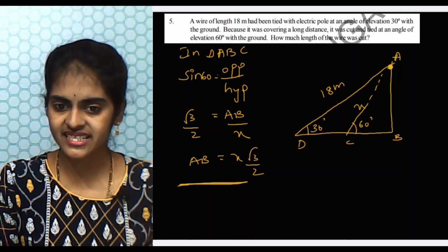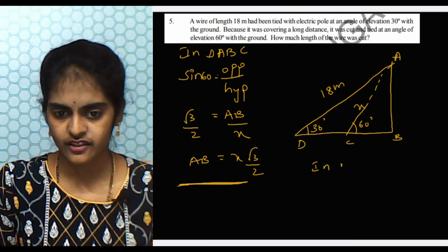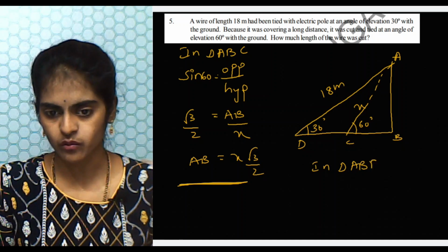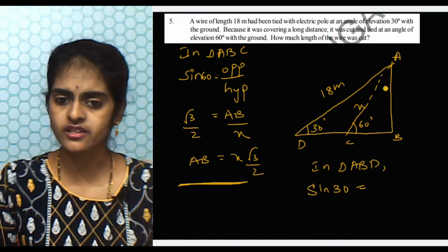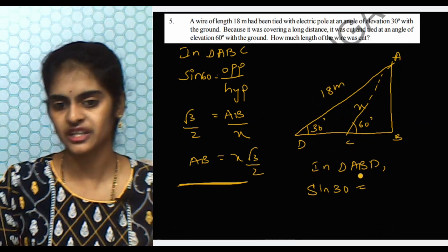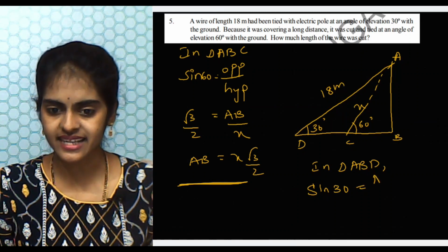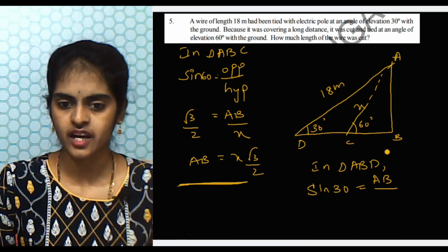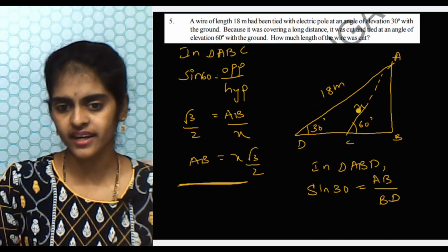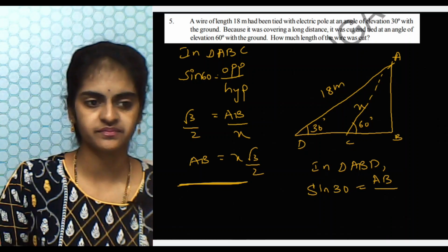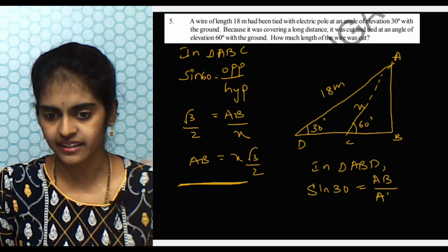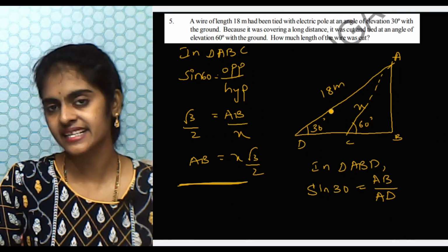Now let me take this triangle. In triangle ABD, what are you getting? Let us take sine here also, because you have a relation with the hypotenuse. So sine 30 is again AB by AD. AB is the opposite and AD is the hypotenuse.